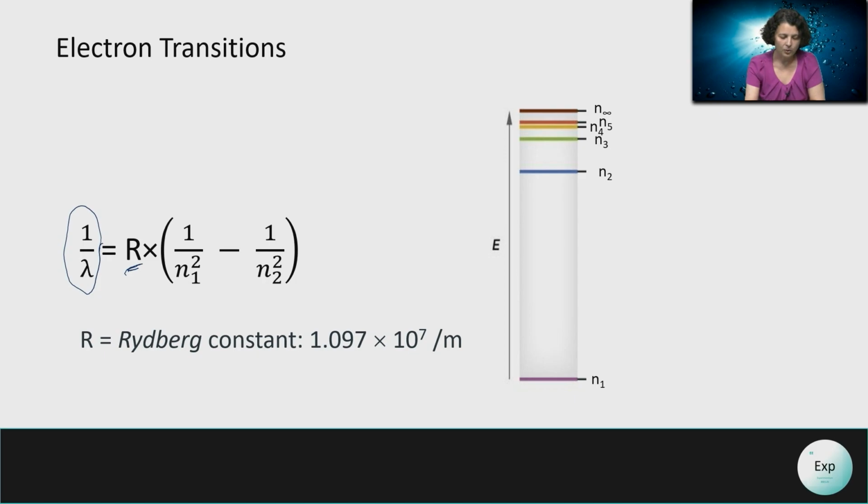That is 1 over n1 squared minus 1 over n2 squared. n1 will always be the lower energy orbital, and n2 will always be the higher energy orbital.